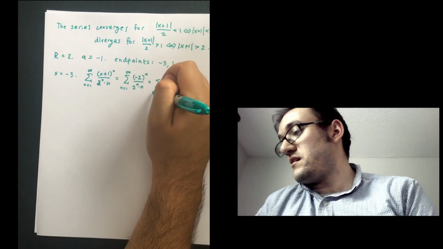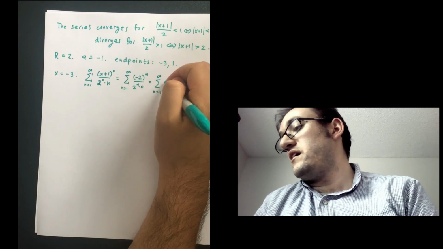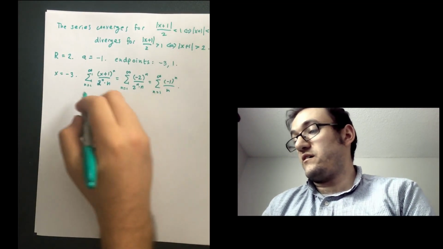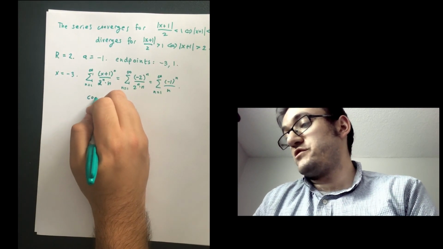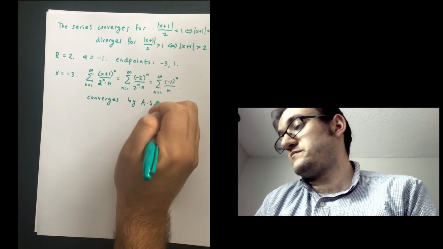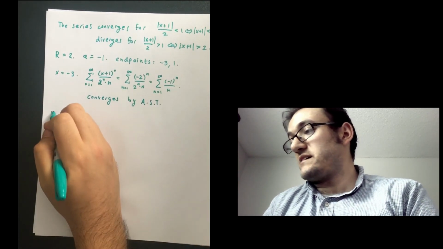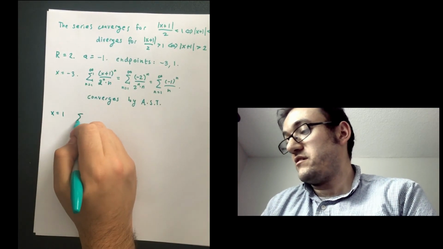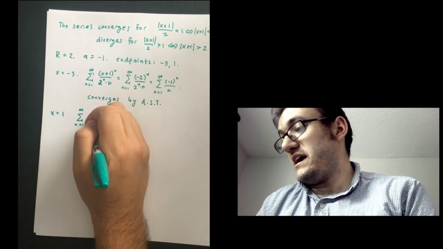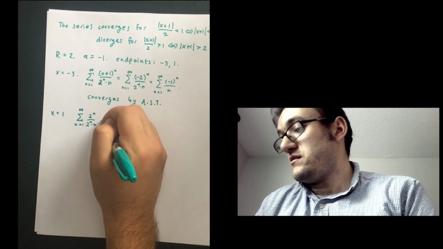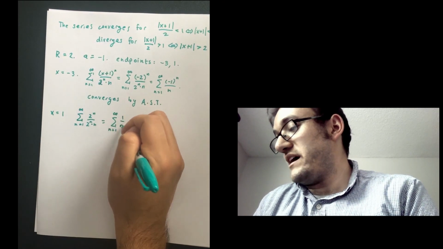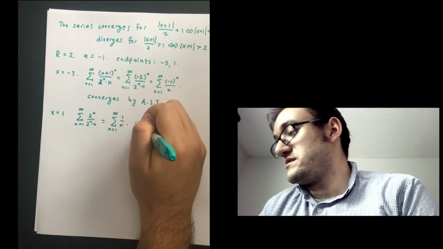And this is the sum of minus 1 to the n divided by n. This is the alternating harmonic series, so this converges by the alternating series test. And at x equals positive 1, we have the sum from n equals 1 to infinity of 2 to the n over 2 to the n times n. And this is the sum of 1 over n, which is the harmonic series, which diverges.